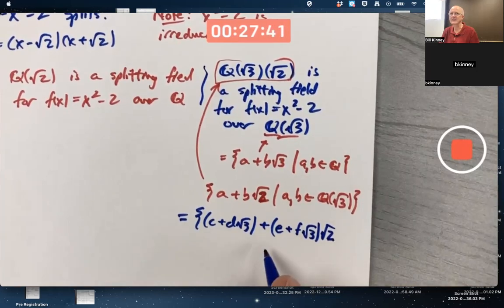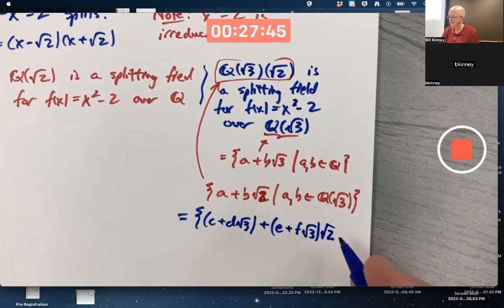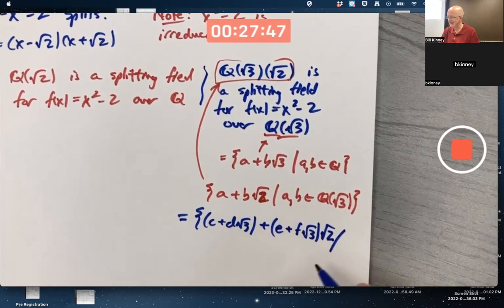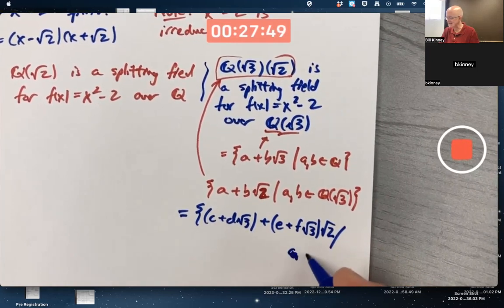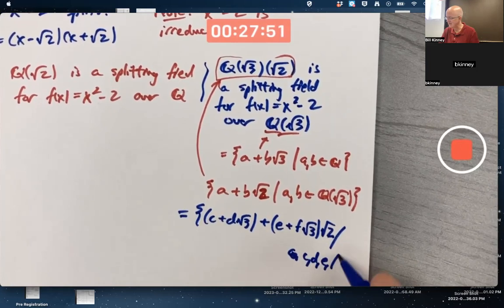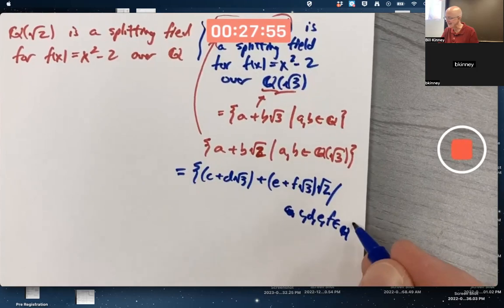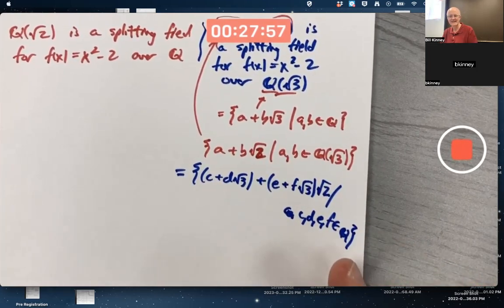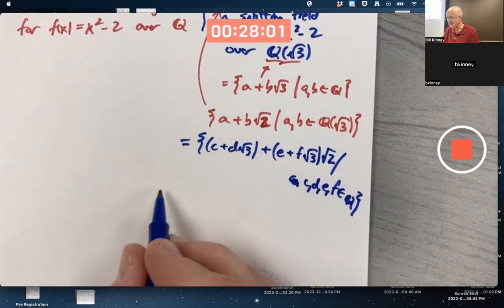E is not the number E. F is not a function. Don't let that confuse you. Where C, D, E, and F are rationals. Running out of paper there, sorry. Which means, I guess you could simplify this.